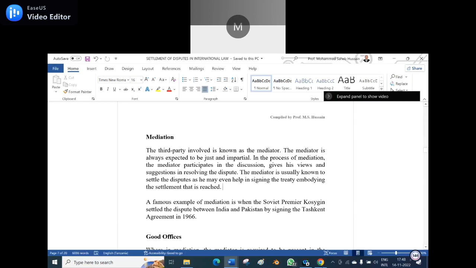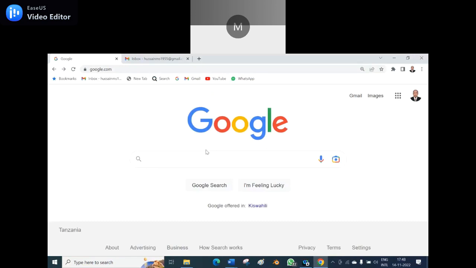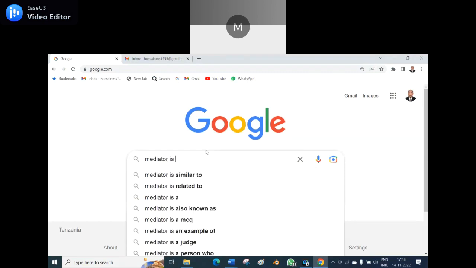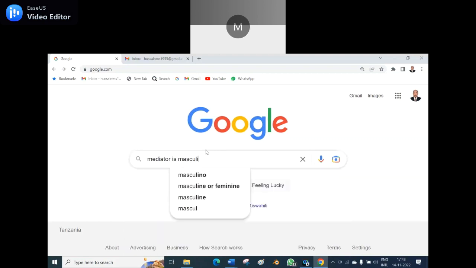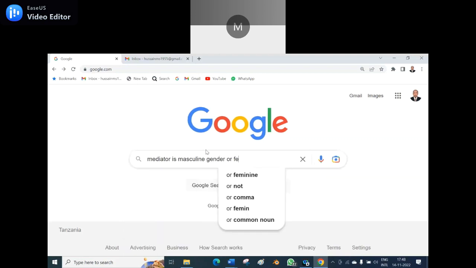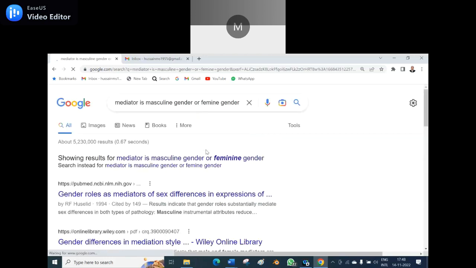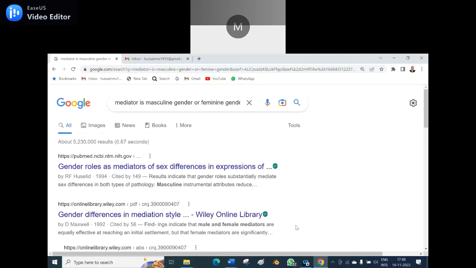Now let us check whether mediator is masculine gender or feminine gender. Gender roles as a mediator of sex differences in expression. So I don't think there would be a difference.